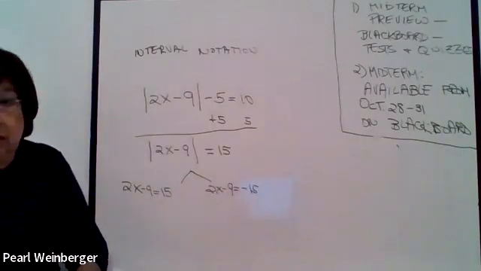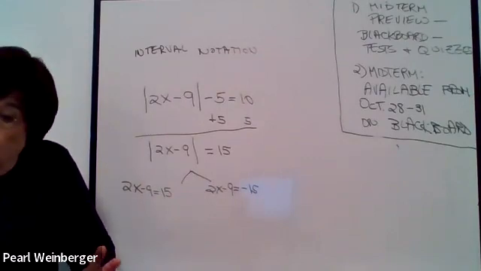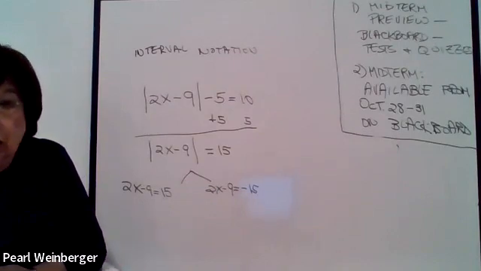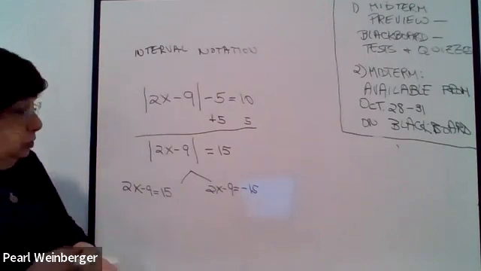When you get this as a multiple choice question, you can immediately eliminate the answers that only give you one solution, because with an absolute value equation, just like a quadratic equation, you're supposed to get two solutions.